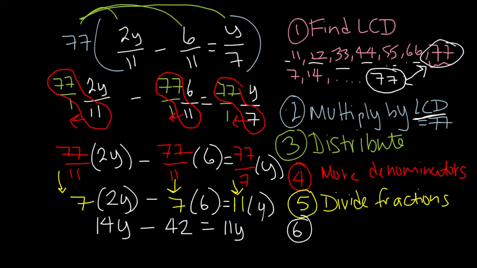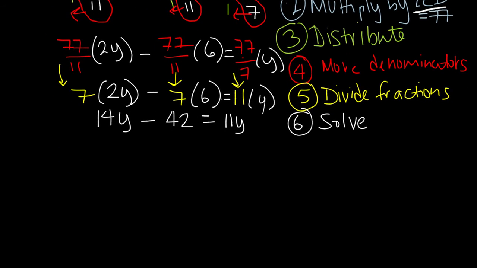So right now our last step is just to solve. Okay, and to solve this equation, since I have y's on both sides, I'm going to need to move some of the y's. So since I have y's and numbers on the left side, I'm going to move the 14y to the other side.